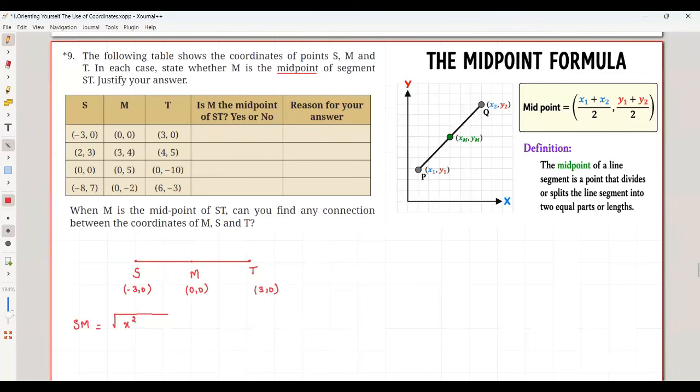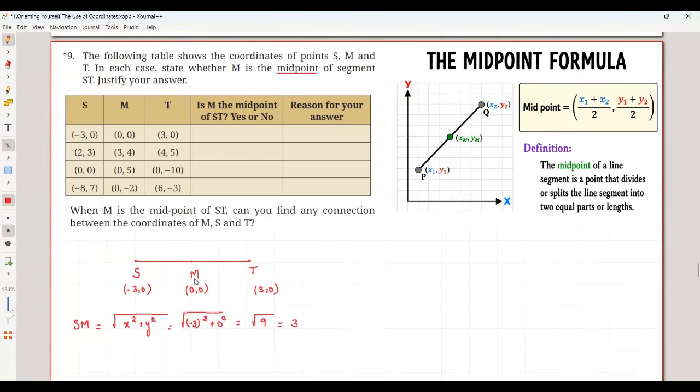As one of the points is origin, we can go with this. So x square means minus 3 square, plus y square, that is 0 square. That is nothing but minus 3 square is 9. 9 plus 0 is 9 only. The square root of 9 is 3. SM is equal to 3 units.